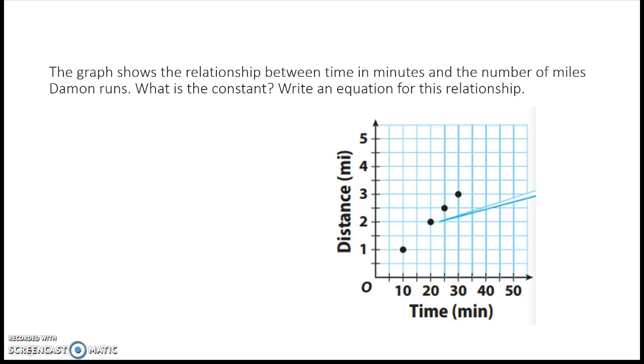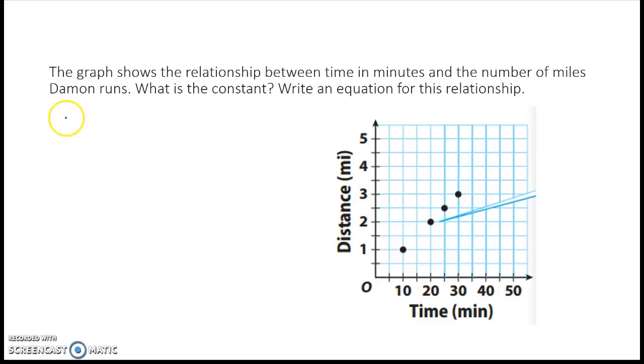All right. So here's our first graph. The graph shows the relationship between time in minutes and number of miles that Damon runs. What is the constant? Write an equation for the relationship. So I'm going to go ahead and make a table.